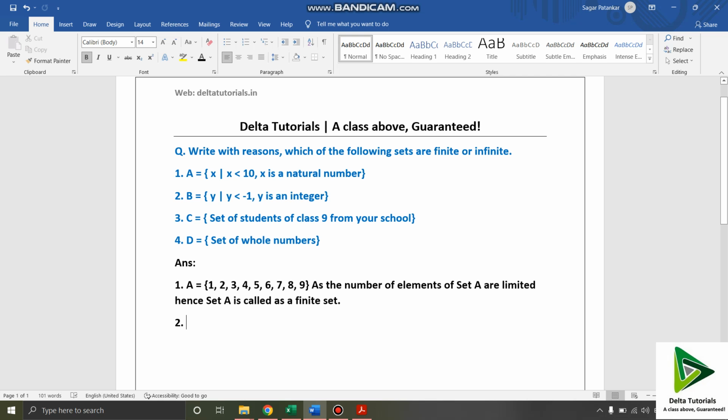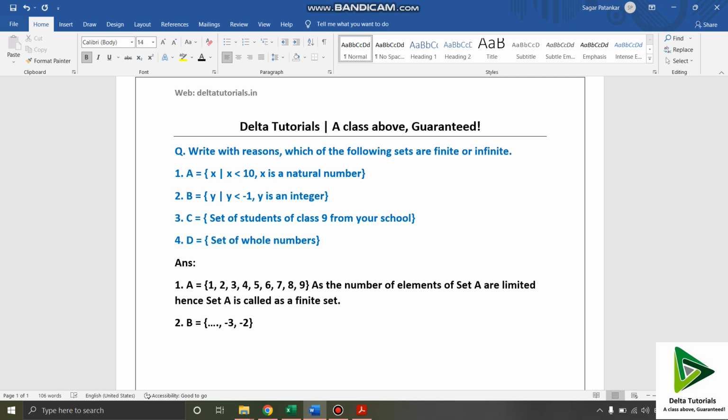We are going to write the answer as B is minus infinity up to minus 2, since y should be less than minus 1.